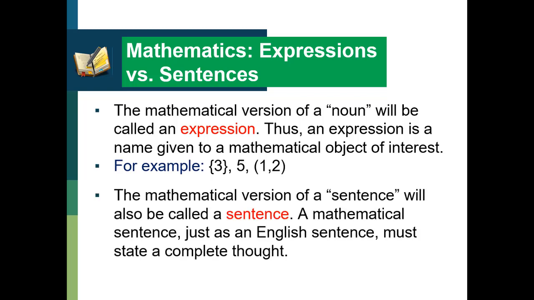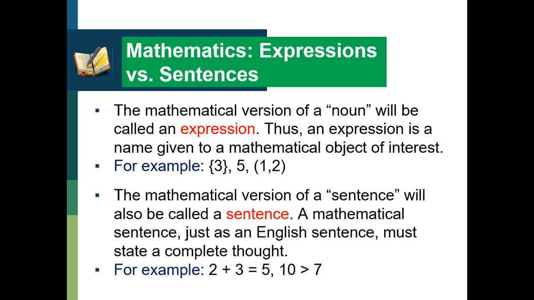To continue, the mathematical version of a sentence will also be called a sentence. A mathematical sentence, just as an English sentence, must state a complete thought. See, if we have sentences in English, we also have mathematical sentences. For example, 2 plus 3 is equal to 5.